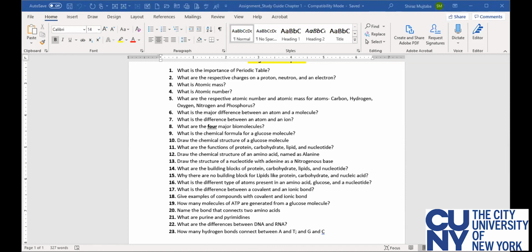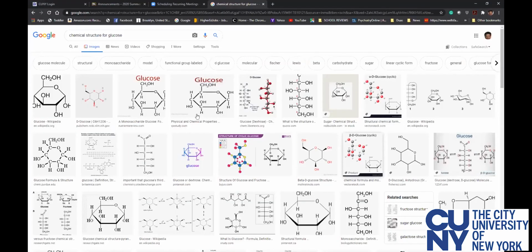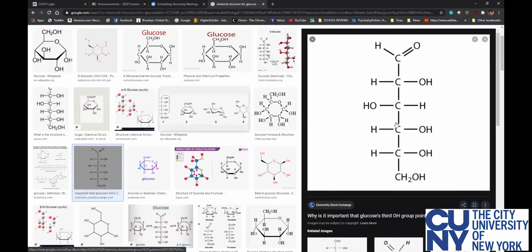So the chemical structure of glucose can be, I'm not making it on the board, on the slide, because I don't have that many tools to draw glucose, but glucose could be like this in a single chain. So 1 carbon, 2 carbon, 3 carbon, 4 carbon, 5th and 6th. So 6 carbon, 12 hydrogen and 6 oxygen.